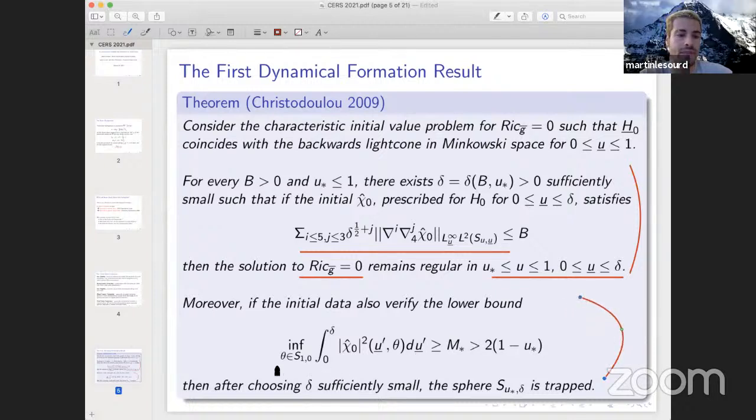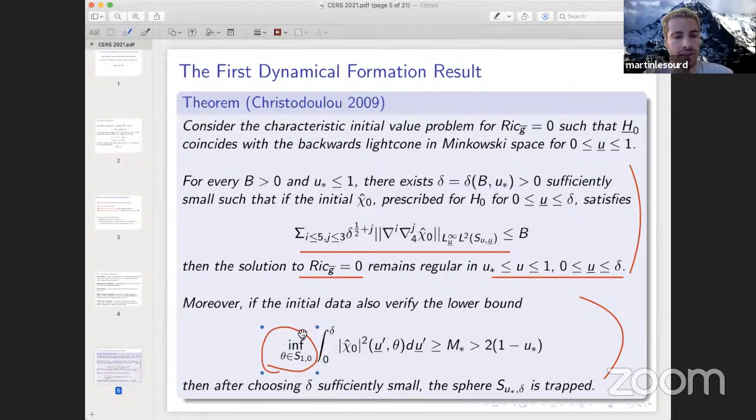In particular, this infimum is over the angles on the initial sphere. So my angular parameter varies along the initial sphere, and then it's transported along the outgoing null cone.